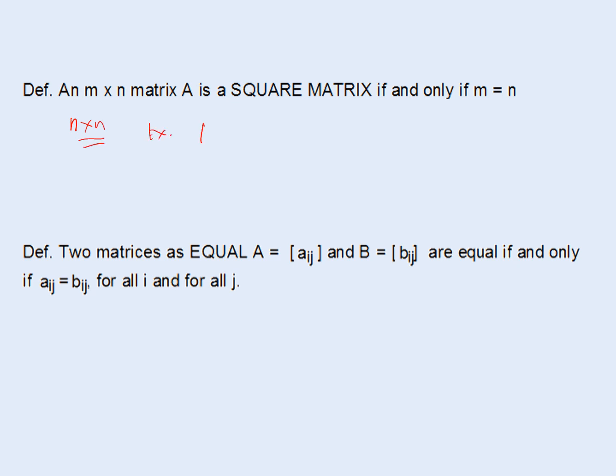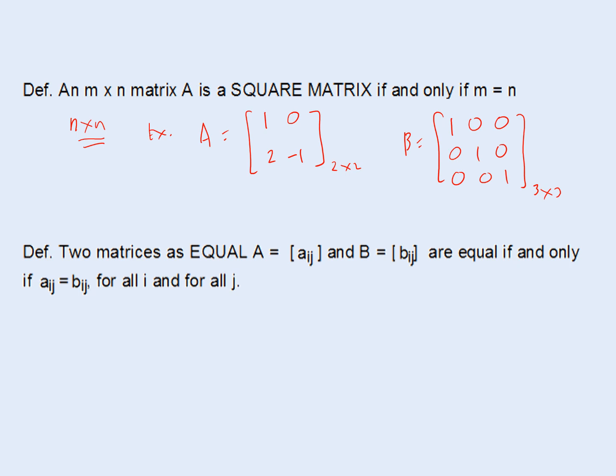Example, matrix A with elements 1, 0, 2, -1 is a square matrix having 2 rows and 2 columns. Another is matrix B with elements 1, 0, 0, 0, 1, 0, 0, 0, 1. So matrix B is a 3 by 3 matrix.